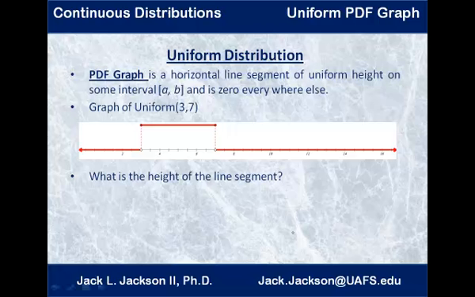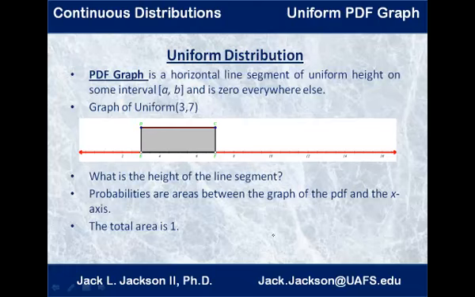Well, let's come back and take a look at this. We're trying to figure out what the height is going to be. Now we know that this goes from 3 to 7. We should be able to figure out the height. Notice this one I didn't give you the y-axis, but we can figure it out anyway. The thing to remember is that probabilities are areas.